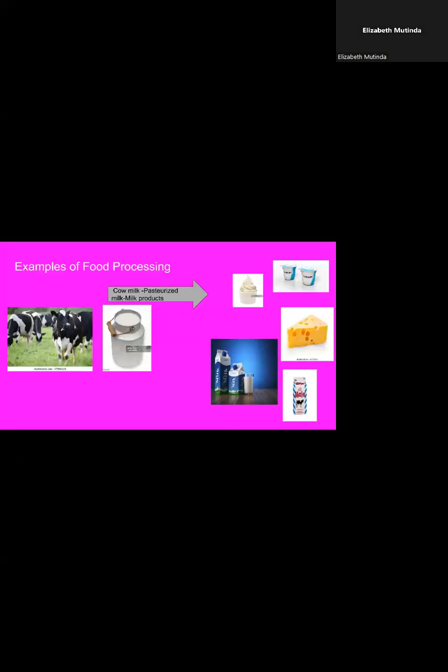Yes, we can see the Frisian cows. Wow, yes. And you can see they have produced milk, which is pasteurized, which is an example of primary processing. Then you can see the various products. We have mala, yogurt, ice cream, and cheese.